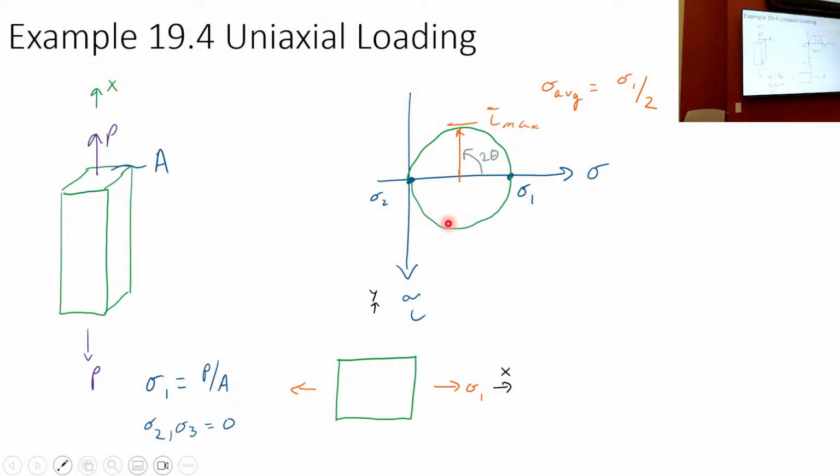When we cover criteria for failure, we are going to be interested in materials that fail by maximum normal stress and materials that fail by maximum shear stress. Ductile materials, like most of the steels that we've been talking about in this class, they fail because of maximum shear stress. The brittle materials, they typically fail from maximum normal stress.